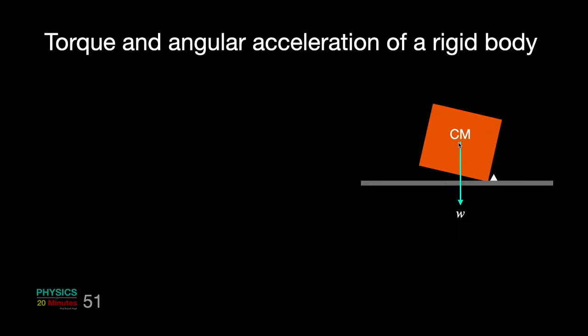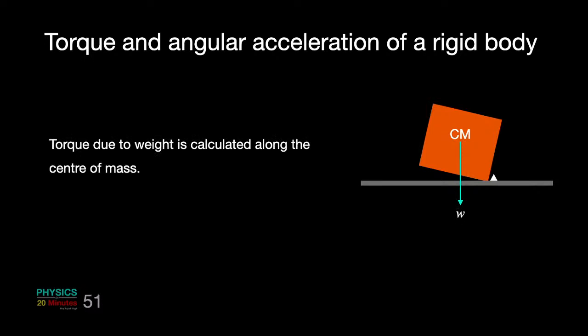The weight, or the force due to gravity, works in the vertically downward direction. So whenever you are calculating the torque of the weight, you have to calculate it along the center of mass. Do remember that. Although the weight is distributed, torque is always calculated about the center of mass.